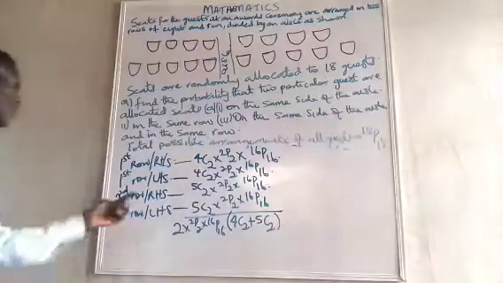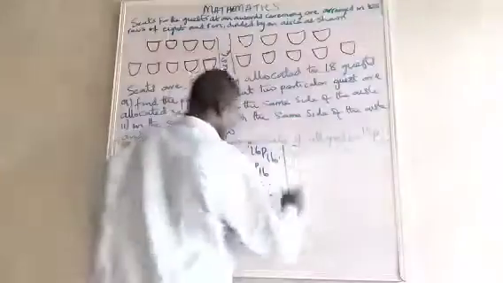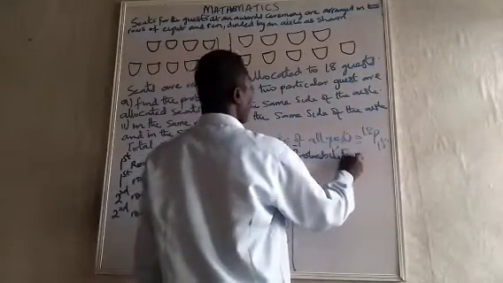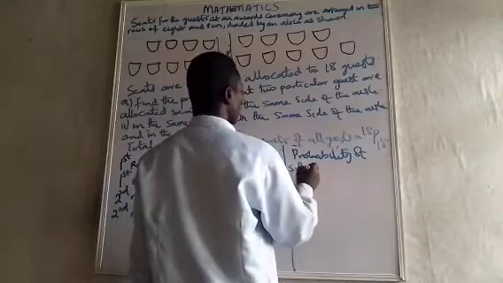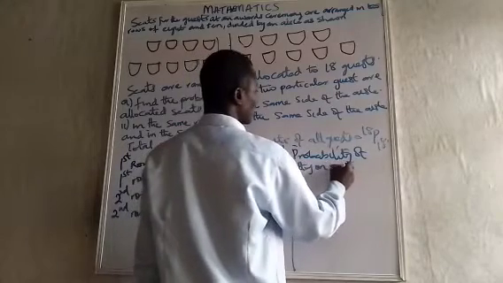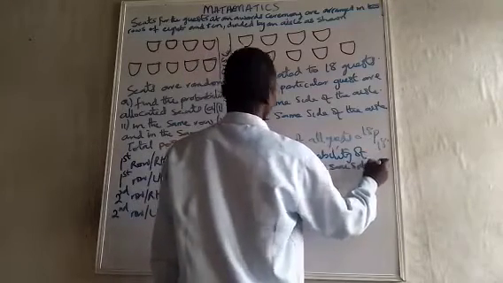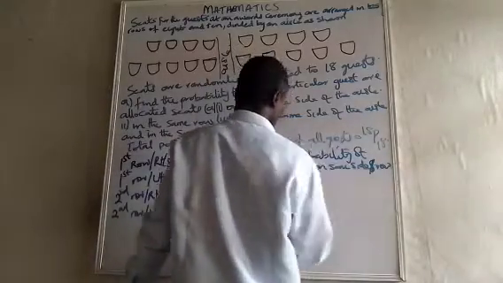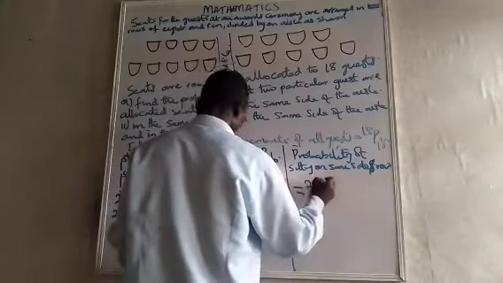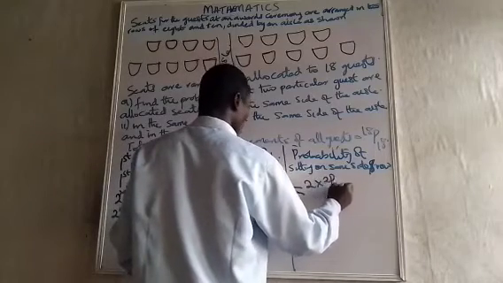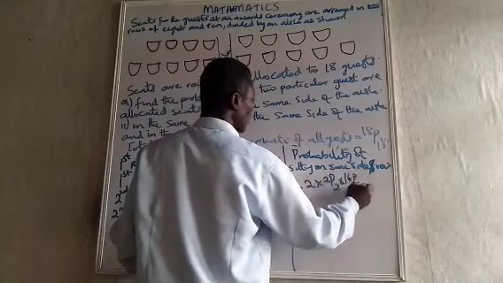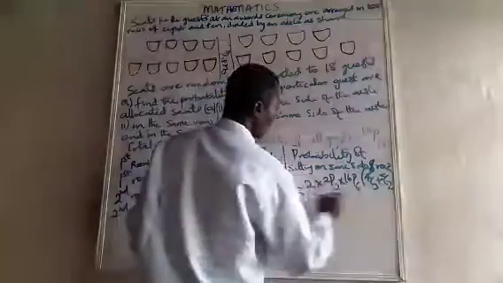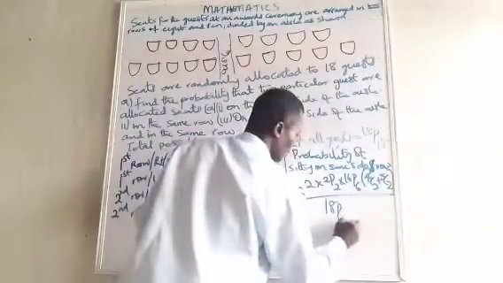So you see, it is very simple now. Now let's work out our probability of sitting on same side and row is equal to 2 times 2P2 times 16P16 into 4C2 plus 5C2 over 18P18.